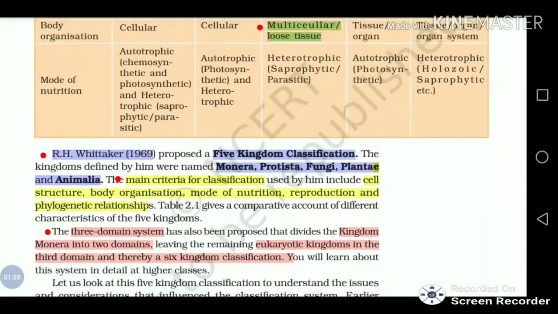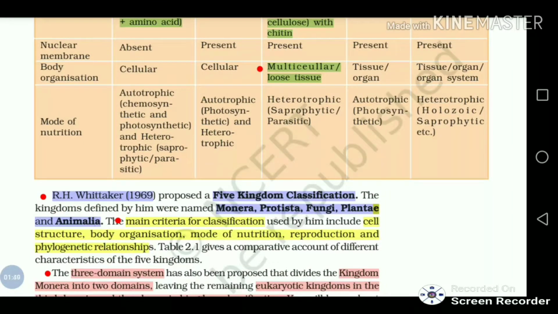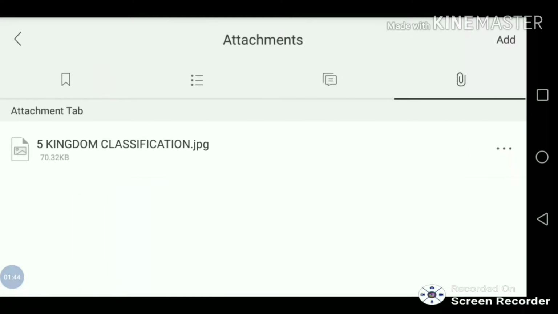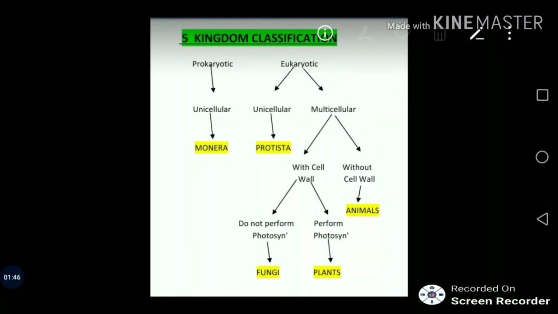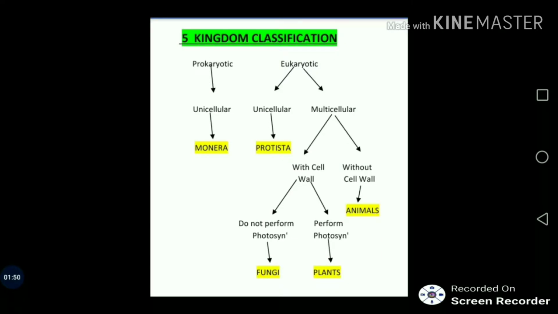The five kingdom classification, I have made a flowchart. Let's move on to check that. The Monera were classified as prokaryotic unicellular and the eukaryotic unicellular were called Protista, and the eukaryotic multicellular was again classified on the basis of the presence of cell wall.